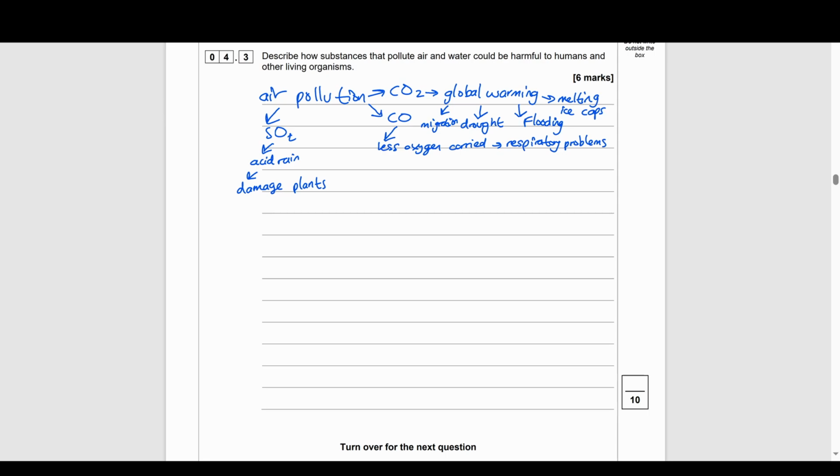So if plants are damaged now, then that means if it's the leaf, it could lead to less photosynthesis. So we've spoken about carbon dioxide, carbon monoxide, sulfur dioxide. We've spoken about the actual effects of them now. We now want to think about water pollution and the problems there.